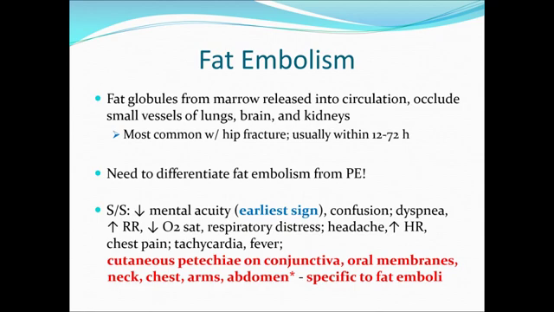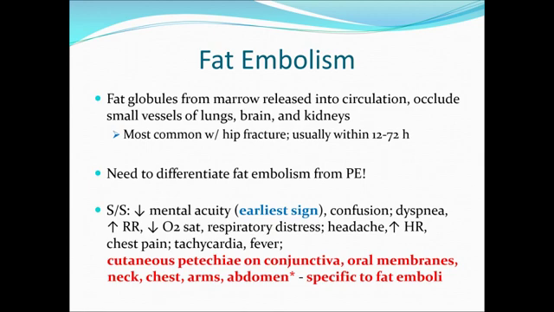Fat embolism. This is another complication that is generally associated with fractures. So what happens is these fat globules from the bone marrow that was inside the bone that was fractured are released into circulation, and these fat globules basically get lodged in the small vessels, in the lungs, the brain, and the kidneys.